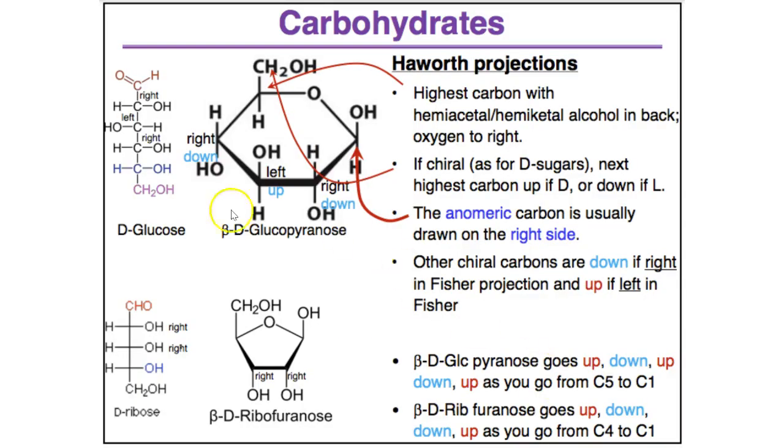Like I mentioned before about the Fischer projection, when you see a Fischer projection, you should be able to convert that into a Haworth projection. By doing so, you already know right here is that aldehyde group, which is the carbon that is right here.